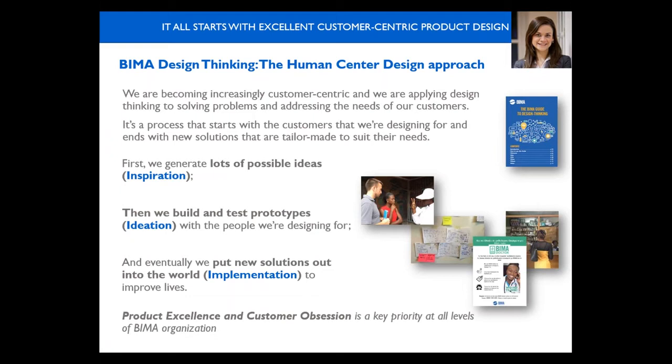And finally, another tip that I want to share with you is that we're working this, as I said, at a global level and a local level. And really, for the company, one of the big priorities is what we call product excellence and customer obsession.